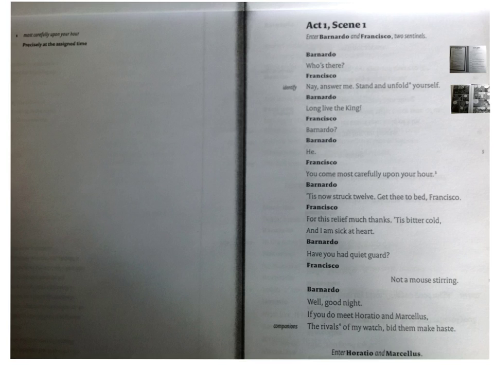They're both sentinels, by the way. It said that at the beginning. So Bernardo is coming to Francisco to relieve him of his watch. They're not sure who each other is because it's probably dark outside, and so they're trying to identify each other. And we find out that Bernardo has indeed come on time and that it's, I guess, Francisco's turn to leave. So what I've done is I've used the glossary, I've used the words in the margins to help me make sure that I'm making meaning as I read.